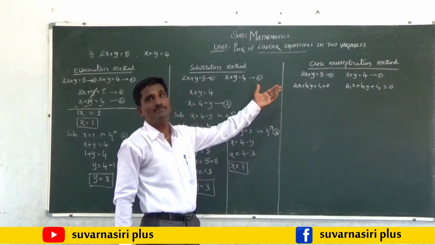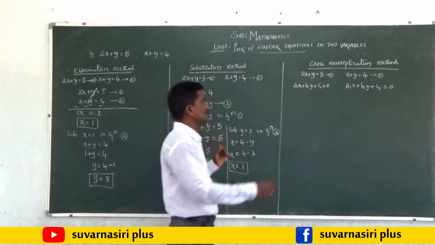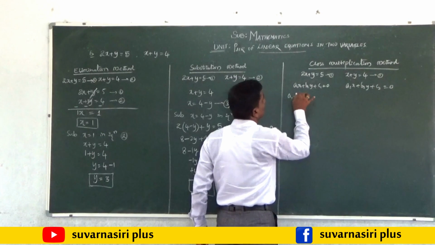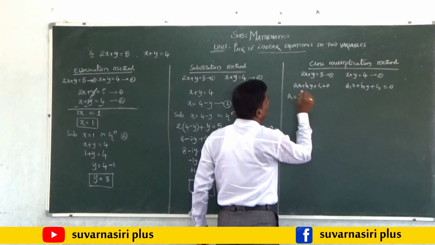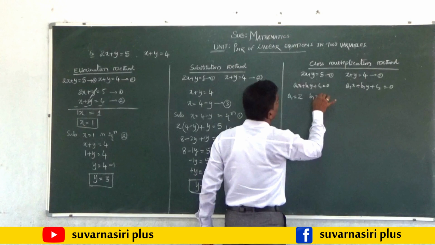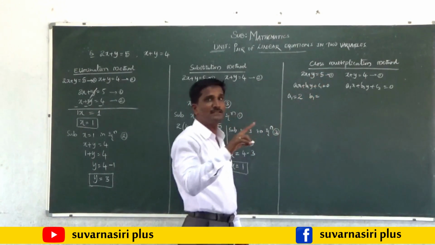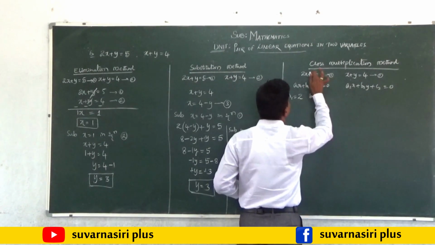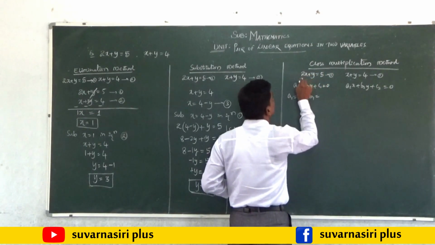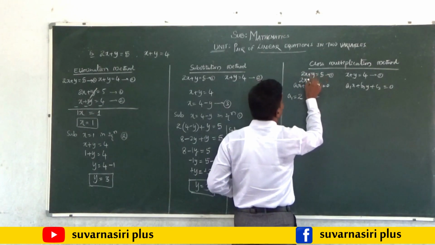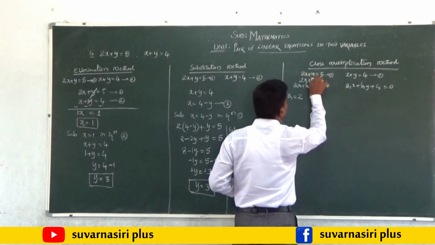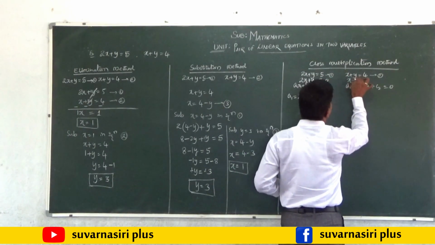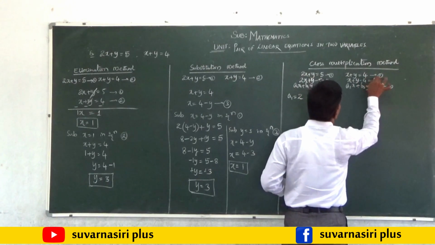First you have to write the coefficients of x and y. The coefficient of x is a1, here 2. Again, b1 is equal to 1. Nothing means 1. So better you write in general form, changing the sign: 2x plus y minus 5 is equal to 0 and x plus y minus 4 is equal to 0.